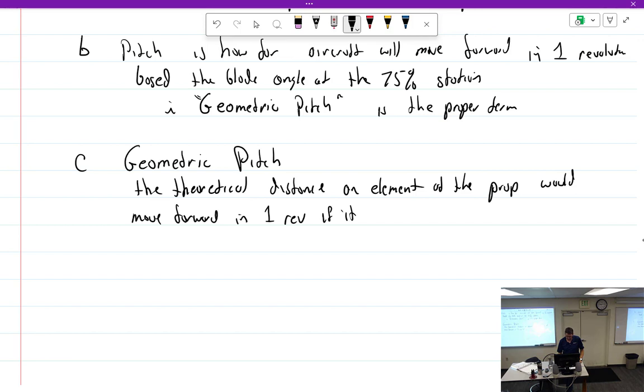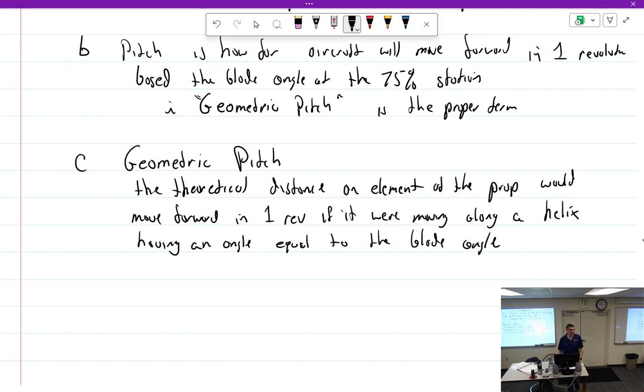Sometimes it means I stopped doing something because I got interrupted, sat back down at my computer, wrote my notes, and thought, what was that again? Oh yeah, I should tell you about geometric pitch. In one revolution, if it were moving along a helix, that's a spiral, having an angle equal to the blade angle.